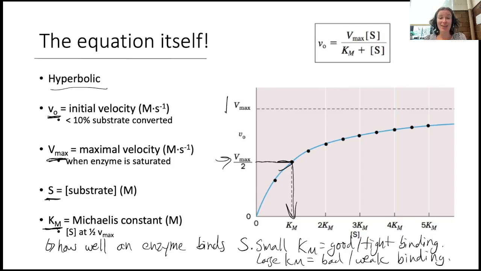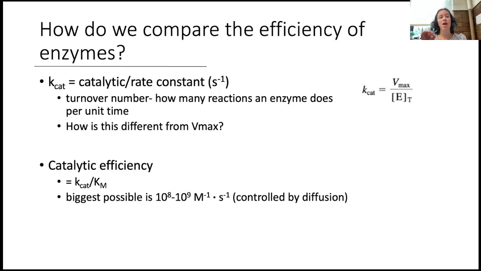But sadly, there is more to know about enzymes than just Km, which is how well it binds, and Vmax, which is how quickly the reaction happens. There is an additional variable called Kcat, and really, this is a preferred constant to use when comparing how quickly enzymes perform their reactions.